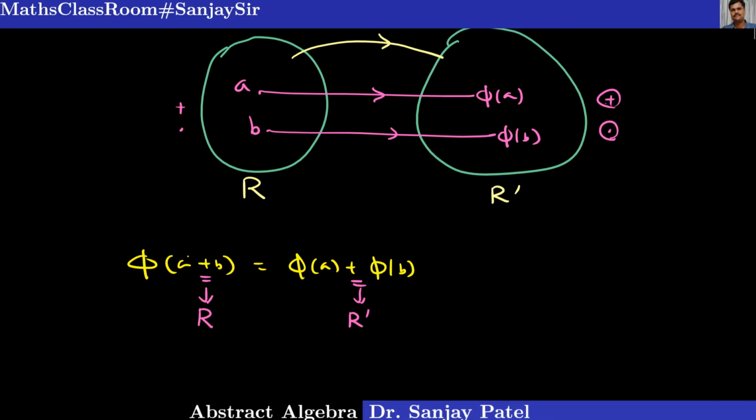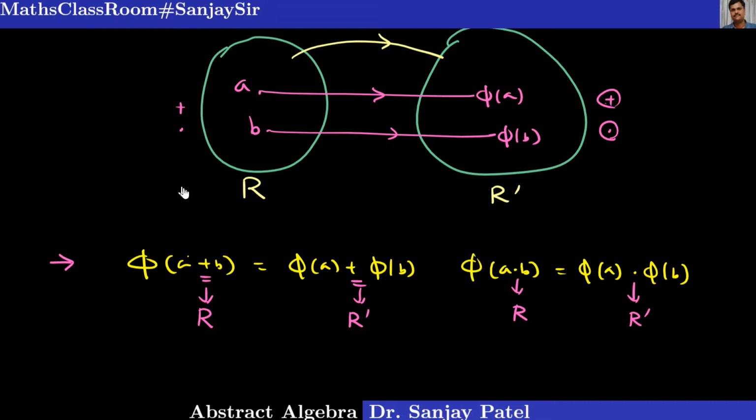In the same way, we can have φ(a · b) = φ(a) · φ(b). In this case, this dot is the multiplication in R, and this dot is the multiplication in R'. So it is clear from the context where the addition or multiplication sign is written. In some books you will find the same symbol used for both the codomain and domain rings.